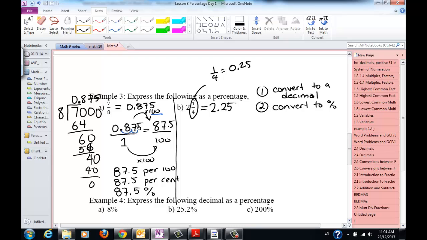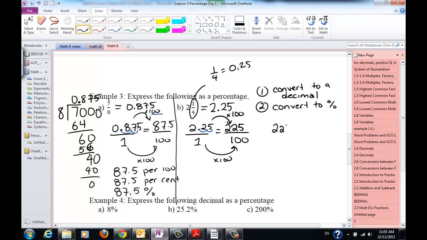So again, I've converted it to a decimal, and now I'm going to convert it to a percentage. So 2.25 over 1 is equal to, I'm changing it to a percentage, so I'm multiplying by 100, and I'm going to move this over 2 decimal places, 1, 2, so I get 225.